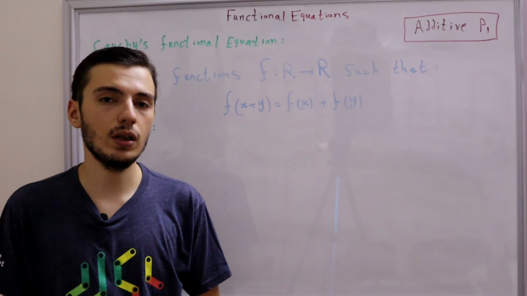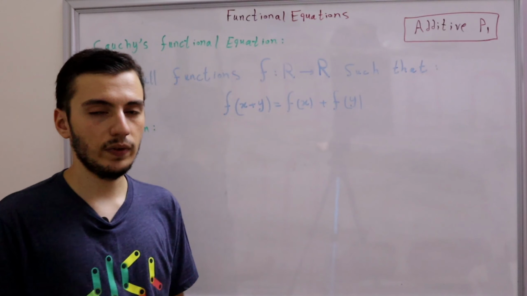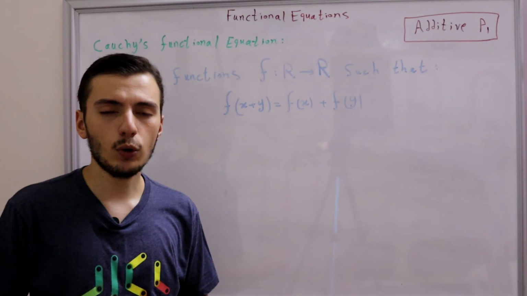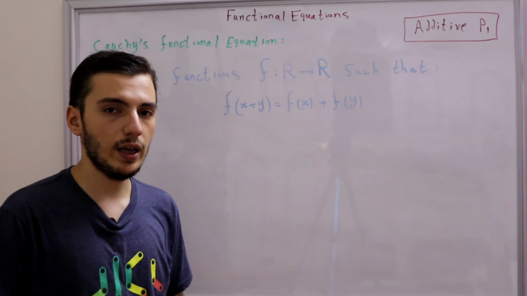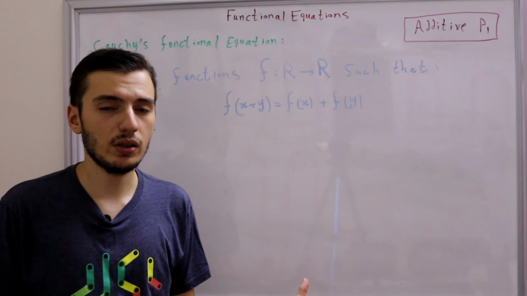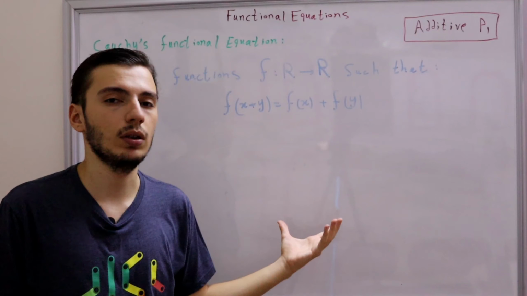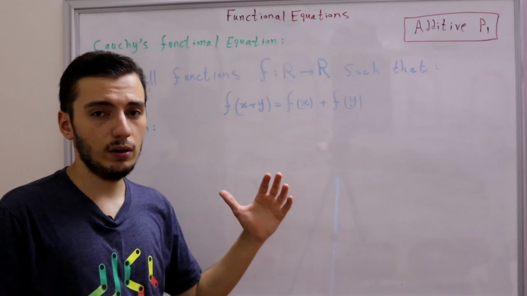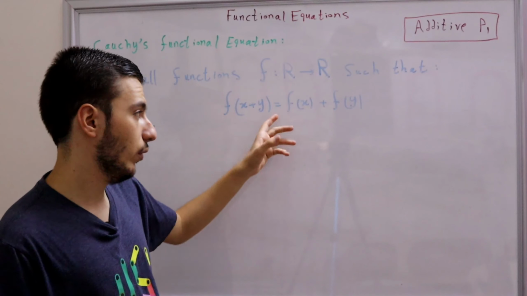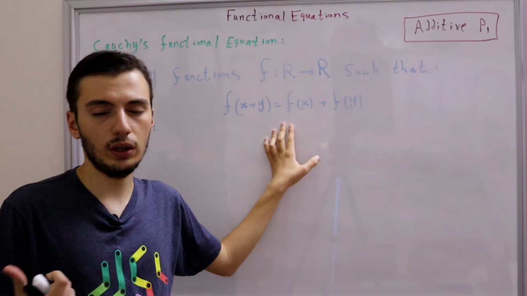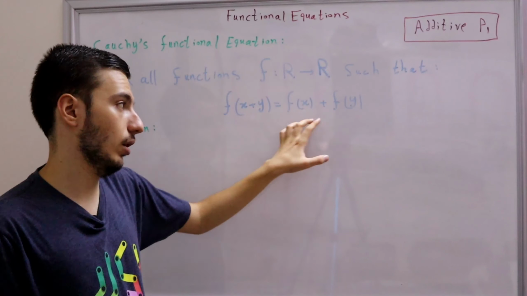And here is the cool thing. Actually, you can solve it from R to R, but you need to prove some conditions. And actually, there are many conditions that you can show in order to generalize the statement for real numbers as well. And we'll just talk about two of them, the most famous two. Actually, if you can show that your function f is increasing or decreasing, then you are done.